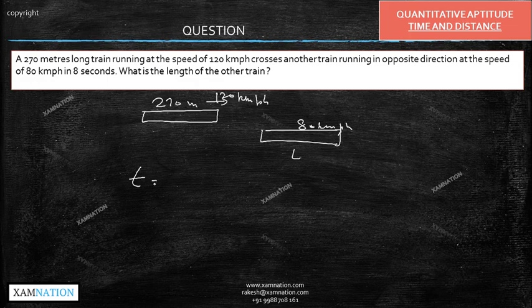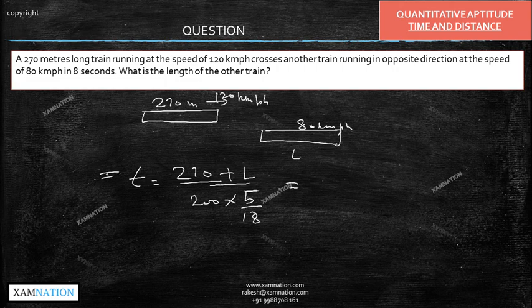So we know the formula is like 270 plus L. Fine. And because they are moving opposite to each other, the speeds add to 200, and because it is in kilometer per hour and the other things are in meter per second, we are going to multiply it by 5 upon 18. Fine.